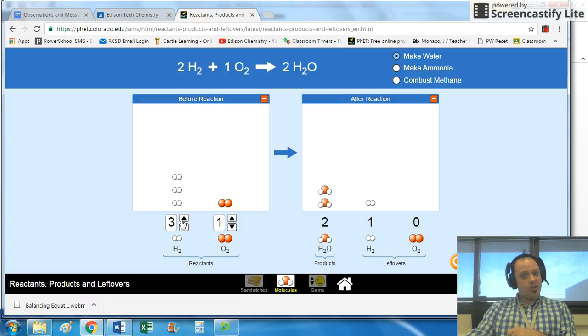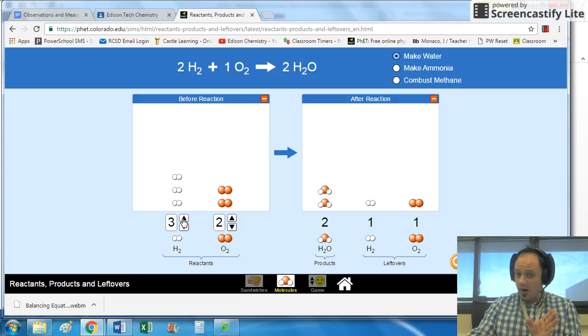If I had extra hydrogens, they're not going to react. They can't, there's no oxygen to react with. If I had extra oxygens, they're not going to react. They're going to stay by themselves because there's no hydrogen to react with. If there's 1 mole of H2 and 1 mole of O2, they can't react because you need 2 moles of H2 to combine with every O2. So no reaction is going to happen until I add a little bit more hydrogen.